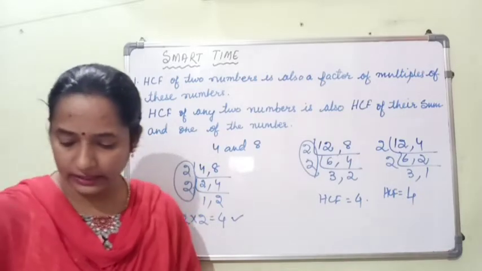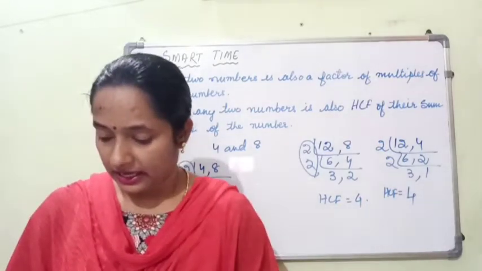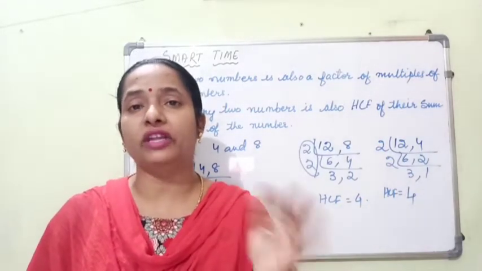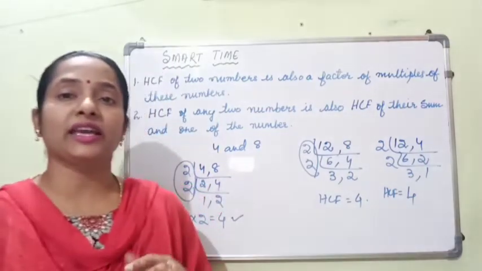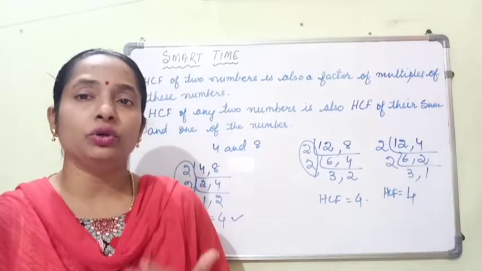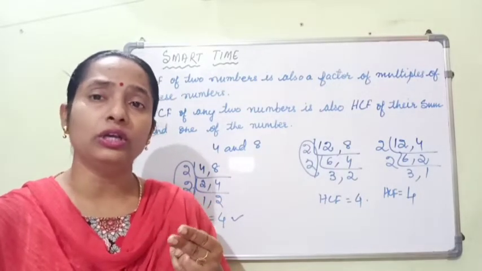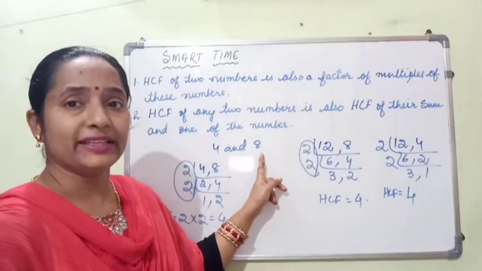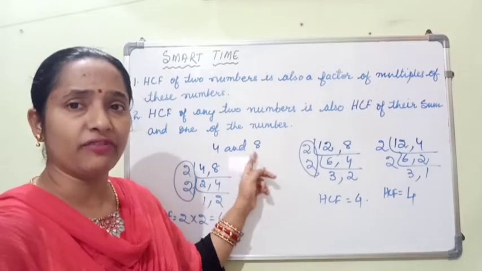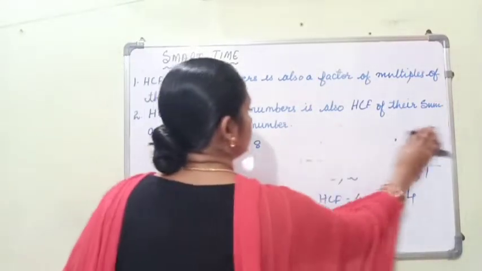The third fact is: HCF of any two numbers is also the HCF of the difference of those two numbers and one of the numbers. So once again, one more fact is given to you: HCF of any two numbers is equal to the HCF of the difference of the two numbers and one of the numbers. Let me show you with the same example.